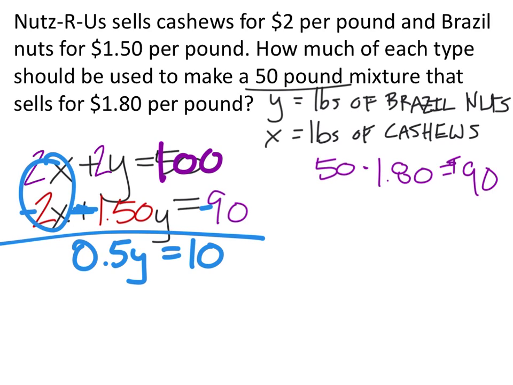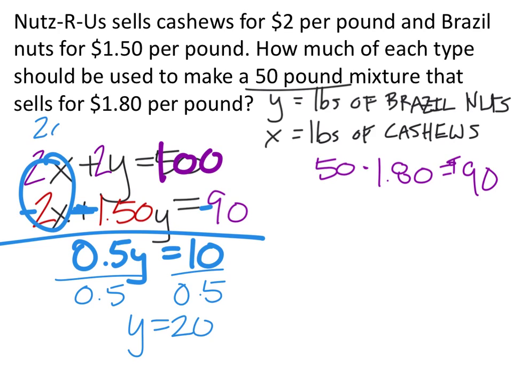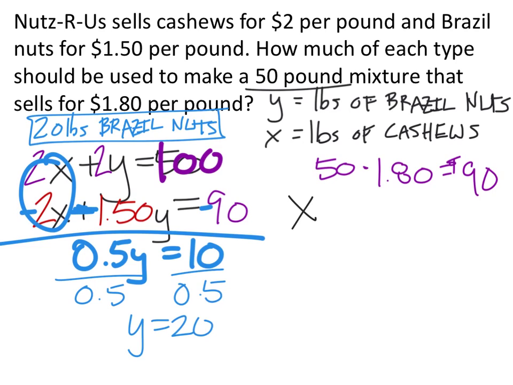Now, in order to solve for y, all I need to do is to divide both sides by 0.5, and we find that y is 20. So since y was pounds of Brazil nuts, I'm going to have 20 pounds of Brazil nuts. So the next thing is just to figure out how many pounds of cashews I need, and to use that first equation, which was x plus y equals 50 before I covered it up with the work.